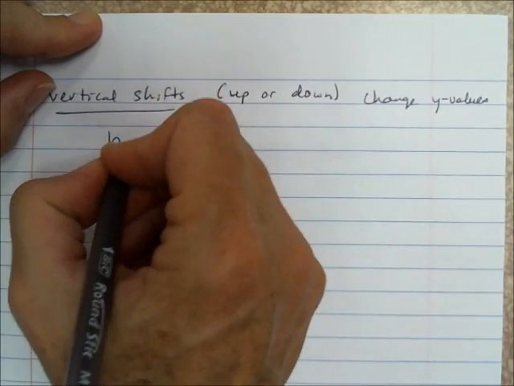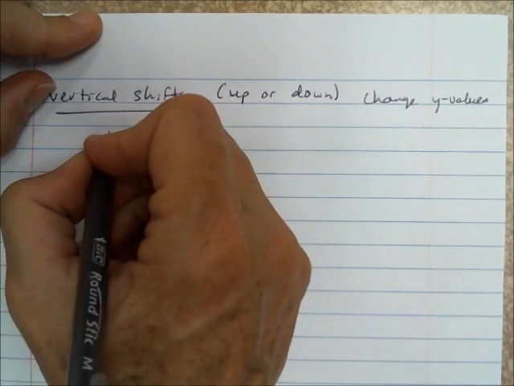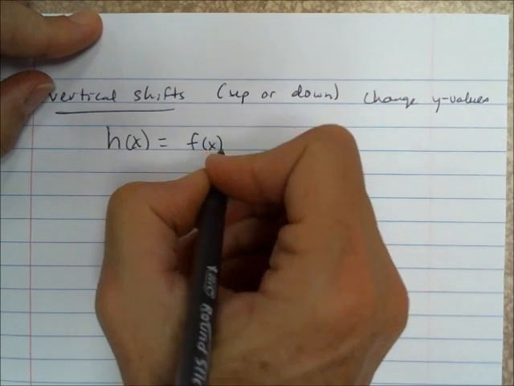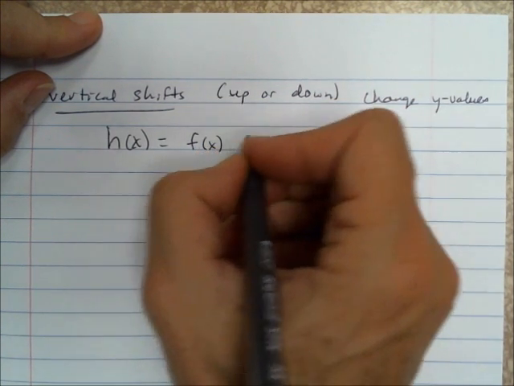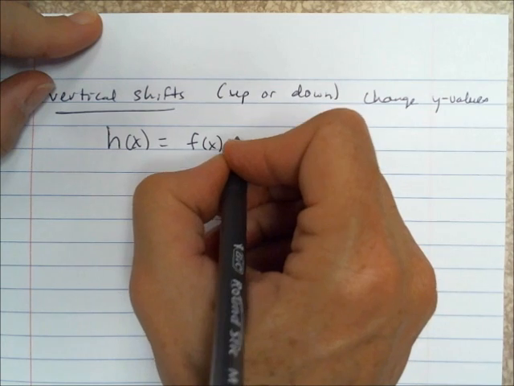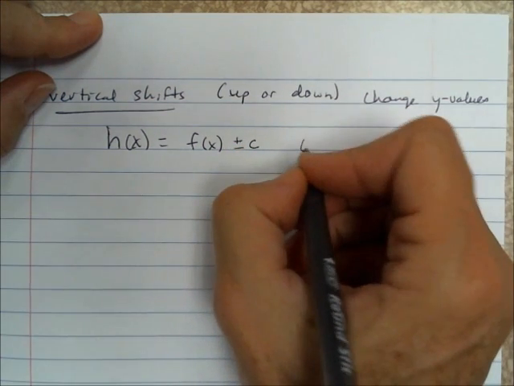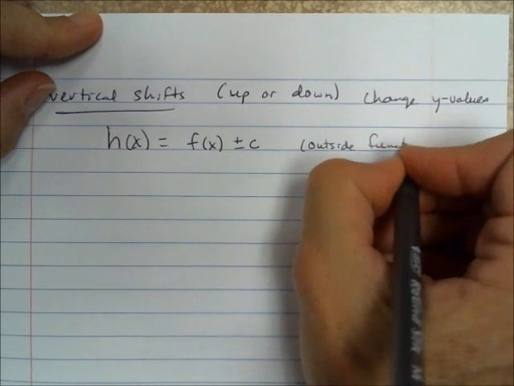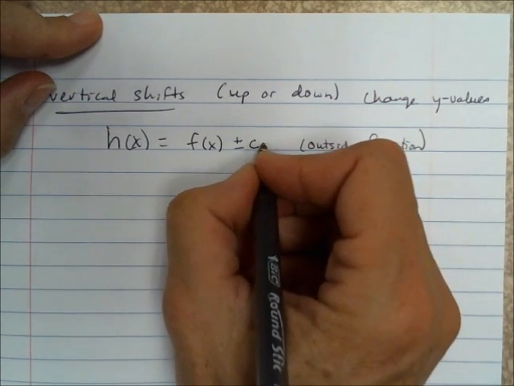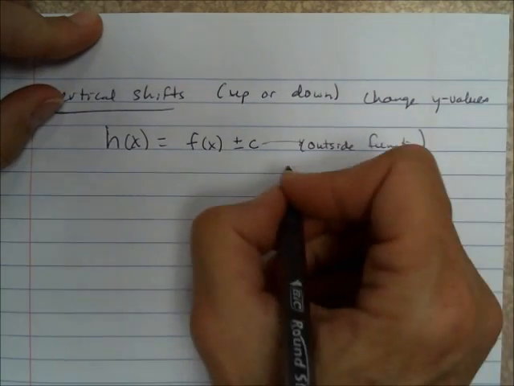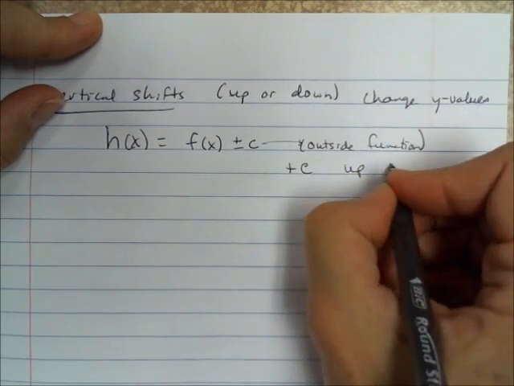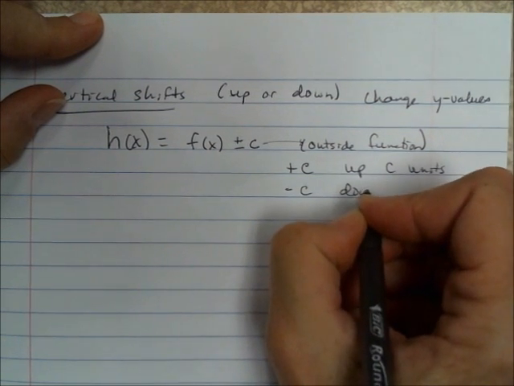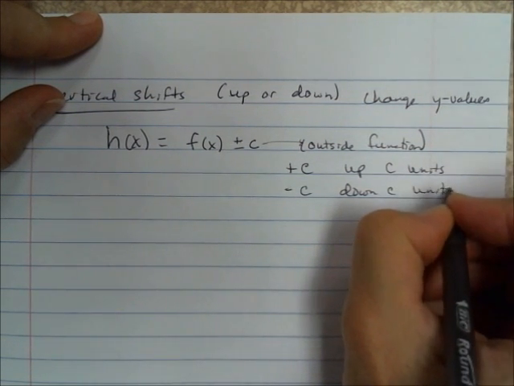So if you want to shift a function, let's say h of x is our shifted function, you're going to take that parent function, f of x, and notice it's not inside the parentheses this time, it's outside the parentheses, it's plus or minus c. So notice this c value is outside the function. So plus c means up, c units. And minus c means down, c units.